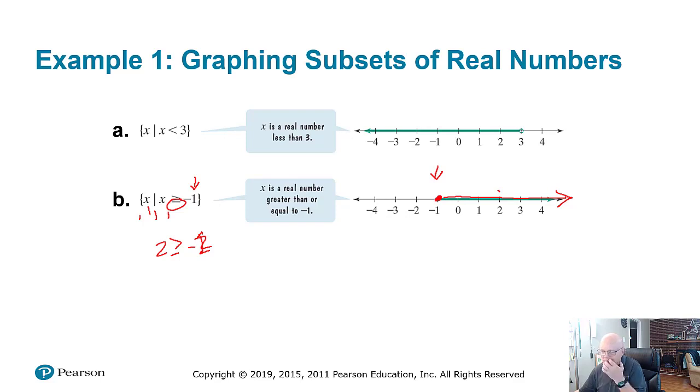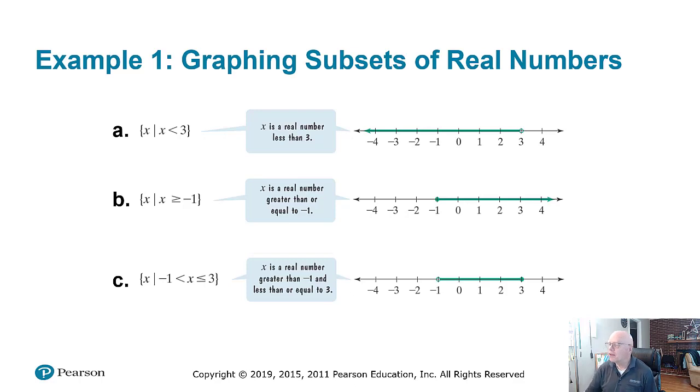Next, we'll clear things again. We've got another one. Now, what's different about this one? The first one we were talking about strict inequalities. We used an empty dot because 3 was not part of the set. In the second one, we had a not strict inequality. We had the equals here, so that gave us a solid dot, and we picked which side to draw the arrow. On this one, when we have boundaries on both sides, that means we're going to have an interval.